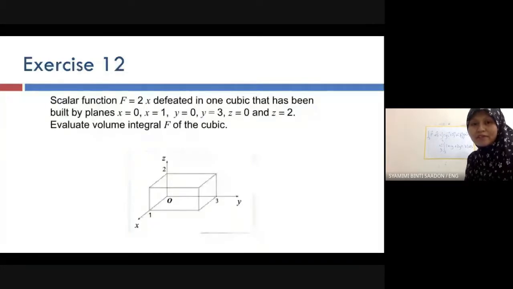Exercise 12: scalar function F equals 2x defined in one cube that has been built by planes x = 0, x = 1, y = 0, y = 3, z = 0, z = 2.